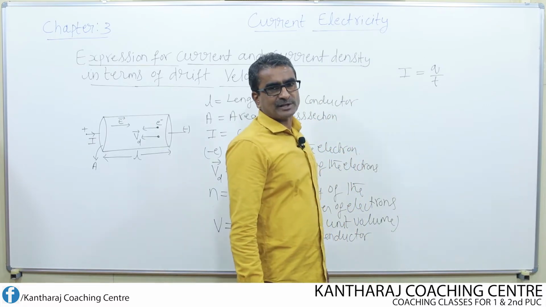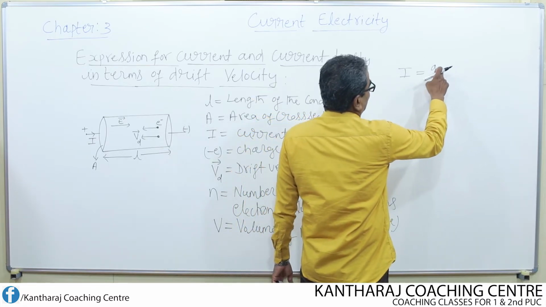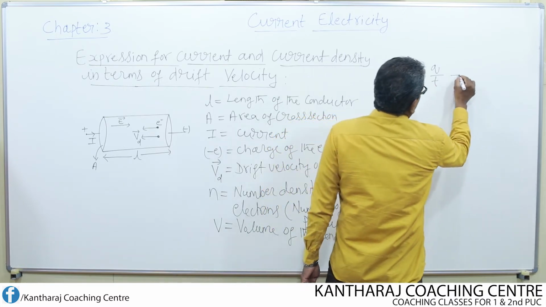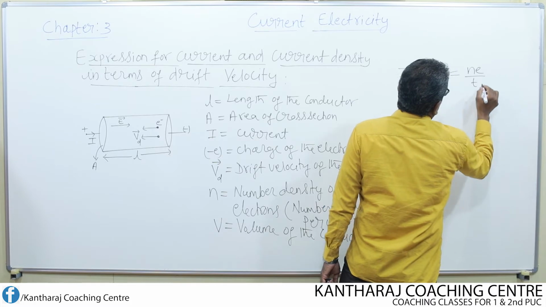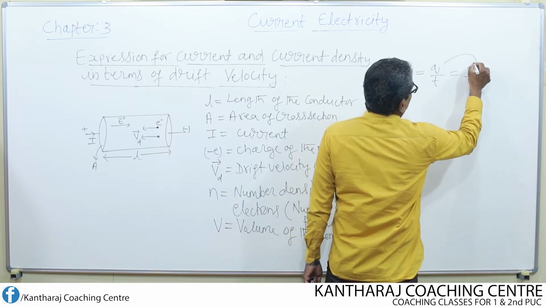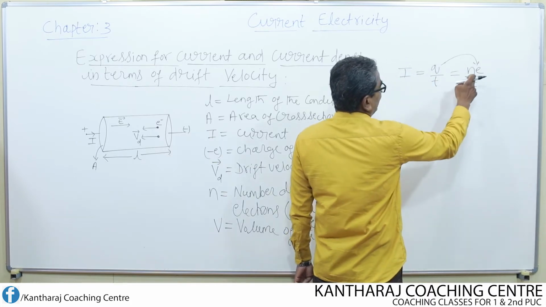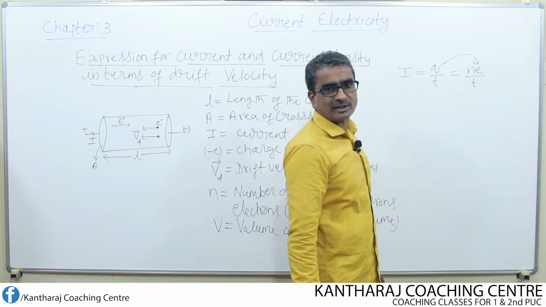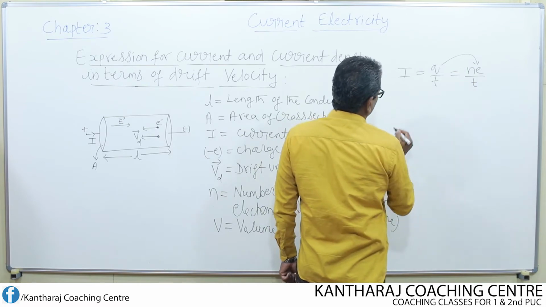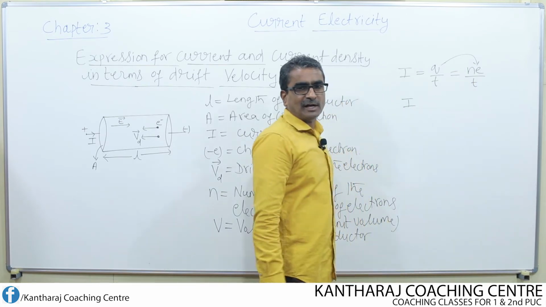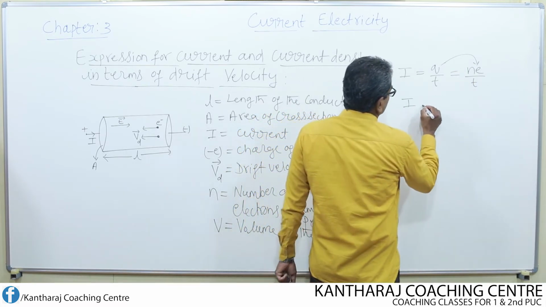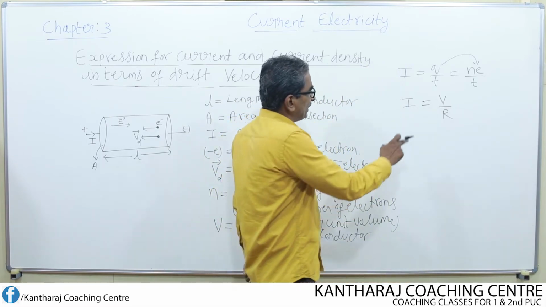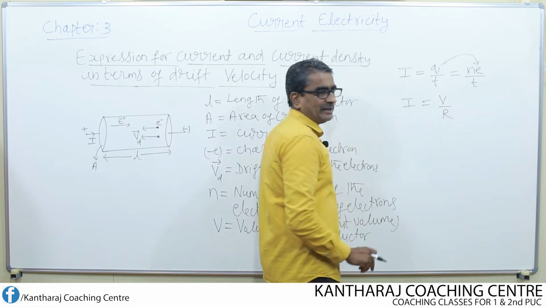So the basic equation, the time rate of flow of electric charges, is nothing but electric current, which can also be written as n e by t, because Q is nothing but n into e, where n refers to the total number of electrons and e refers to the charge of each electron. So this is one equation. Also, according to Ohm's law, I equal to V by R, the ratio of the potential difference to the resistance of the conductor.